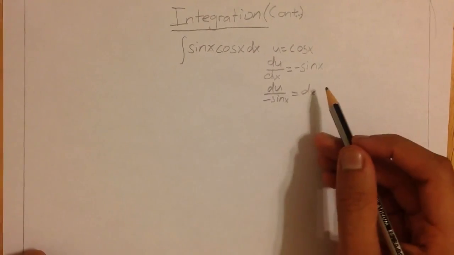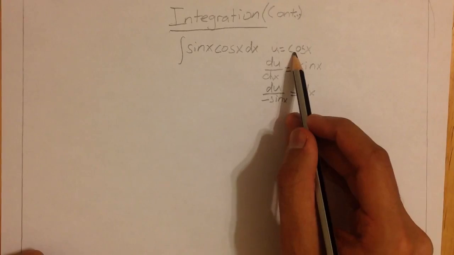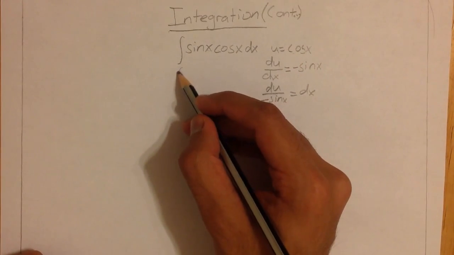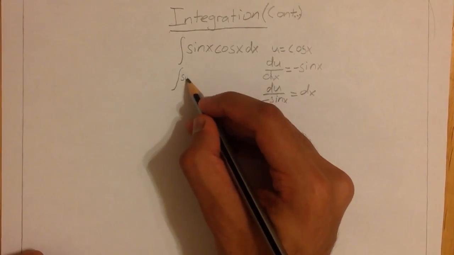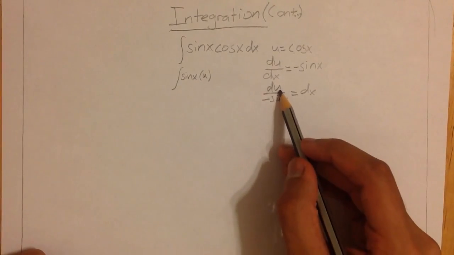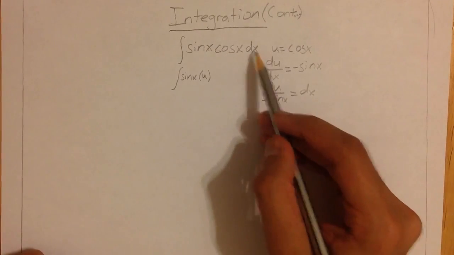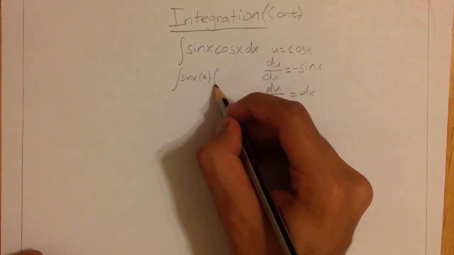So now let's make our substitution. Let's plug in a u for cosine of x. And let's plug in du over negative sine of x for dx.